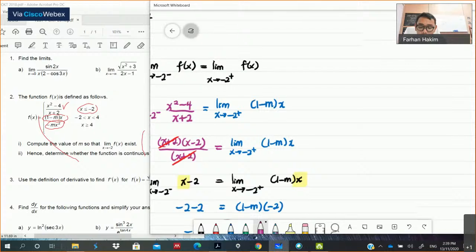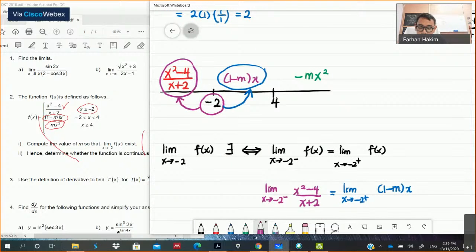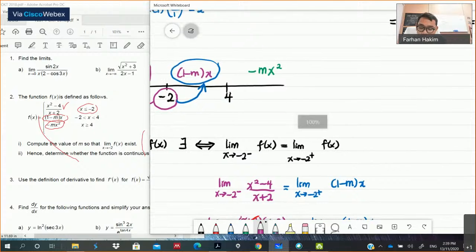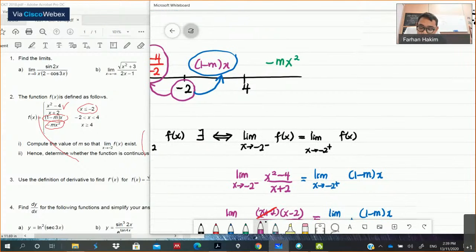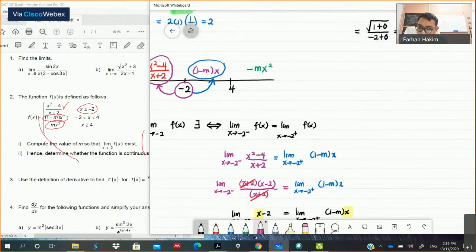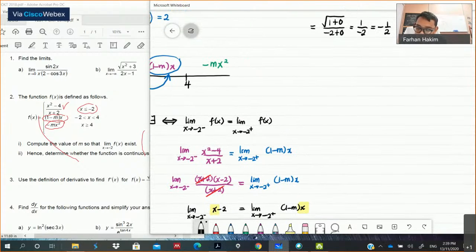Now that we have obtained the value m is -1, I'll rewrite it on a number line. Let's zoom out. We have -2 and 4.